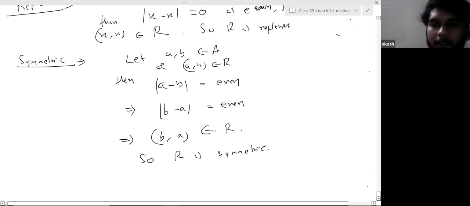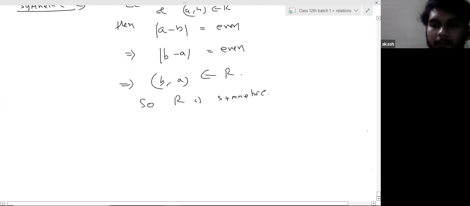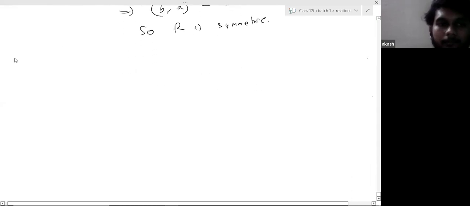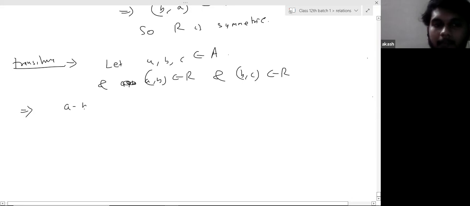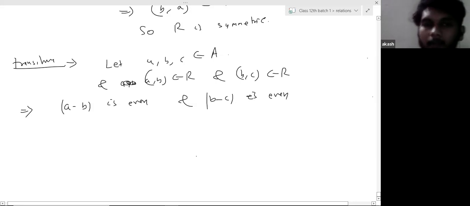Now comes the transitive part. How to prove the transitive thing. Let a, b, and c belong to A, and (a, b) belongs to R, and (b, c) belongs to R. This implies that a minus b is even, and b minus c is also even. Now we have to think about how this can be even.